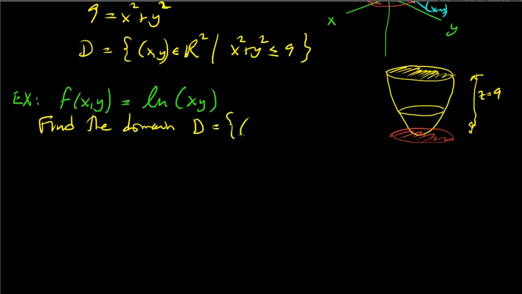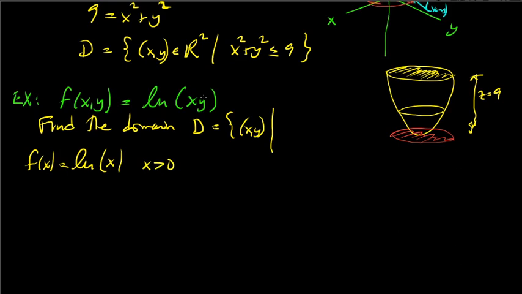Okay, so it's going to be a set of points x and y in R2. Well, you don't have to say that it's in R2. We assume that. Such that what, right? So can x and y be any real number? Well, if you remember anything about the logarithm function, logarithm of x as a function of one variable had the domain that x would have to be positive, greater than 0.